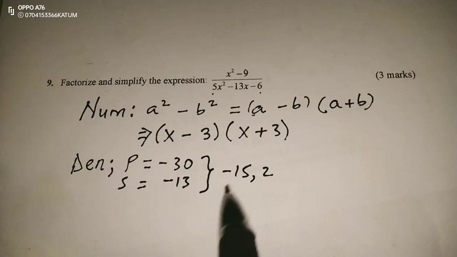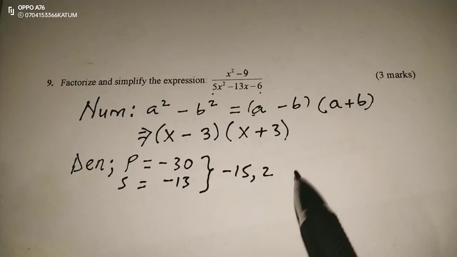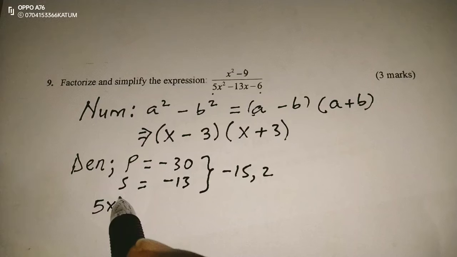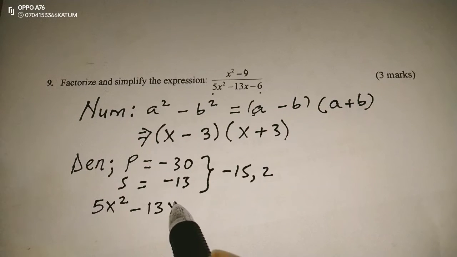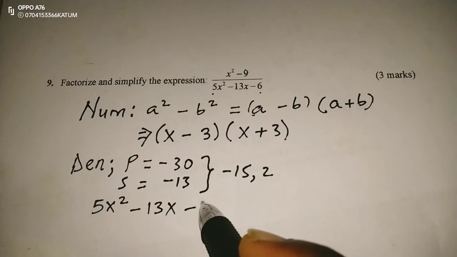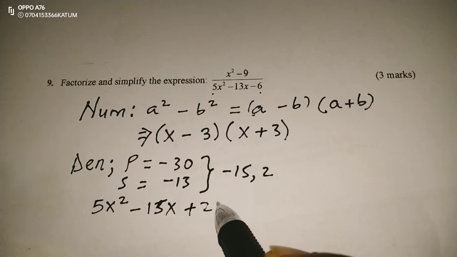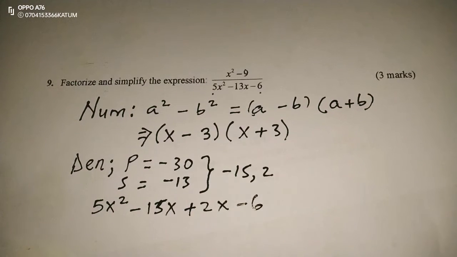Therefore, we're going to substitute negative 13 with negative 15 and 2, such that we will have 5x squared, instead of minus 13x, we should have negative 15x and positive 2x. This is now a substitution of negative 13x. Then we have our negative 6 there.